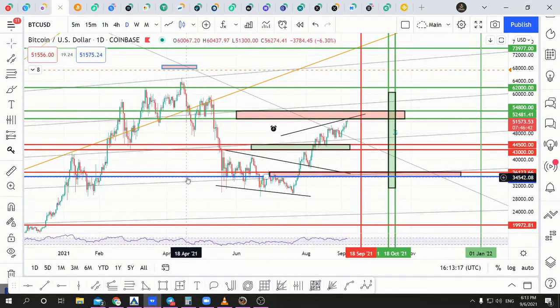I had an analysis on the 3rd of May as the beginning of the bearish wave of the correction on the crypto market, on the Bitcoin. Of course, all the crypto market is following the Bitcoin, so you always have to start analyzing the Bitcoin first, so it will give you general information about the whole market.